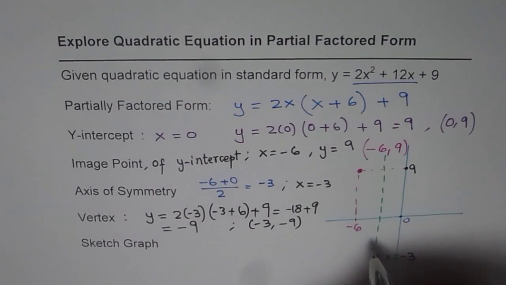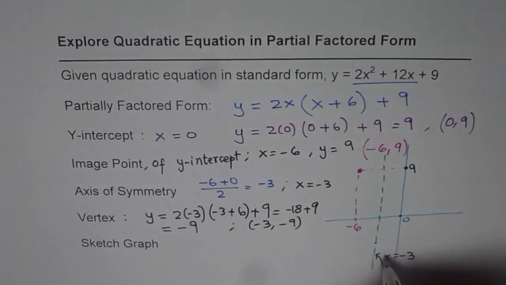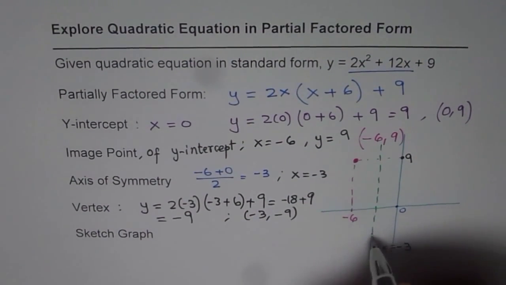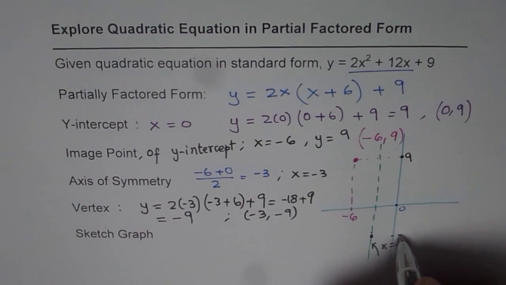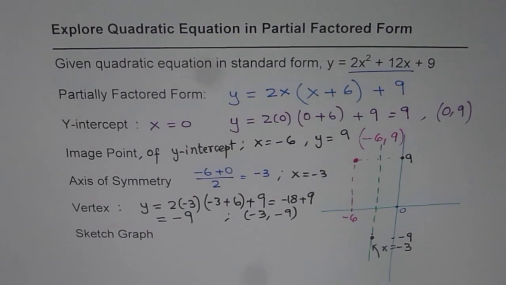Let us say this is minus 9 for us. I don't want to go that down, but anyway, let me just push this a bit further. So that is the vertex. Now, since we know the vertex and two different points here, we can connect them and graph.